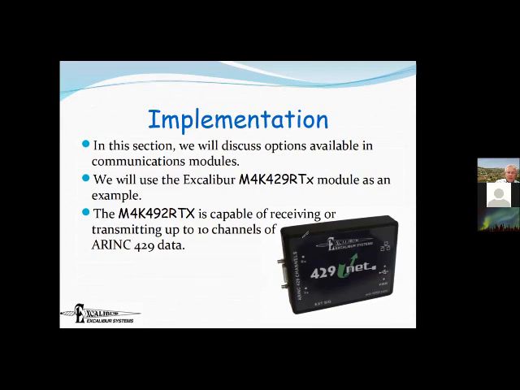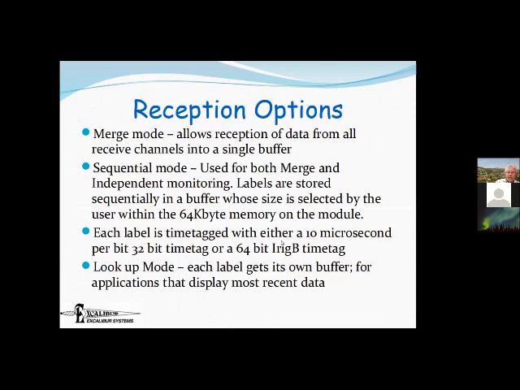Well, as an example, what kind of things can you do using the software and firmware with these tools? So when you're receiving, since, as I mentioned before, a lot of equipment pieces have multiple channels, you might be receiving from a bunch of different places. Or you might be integrating a system and you want to see data from a whole bunch of different places. So let's say I'm receiving from 8 different devices.